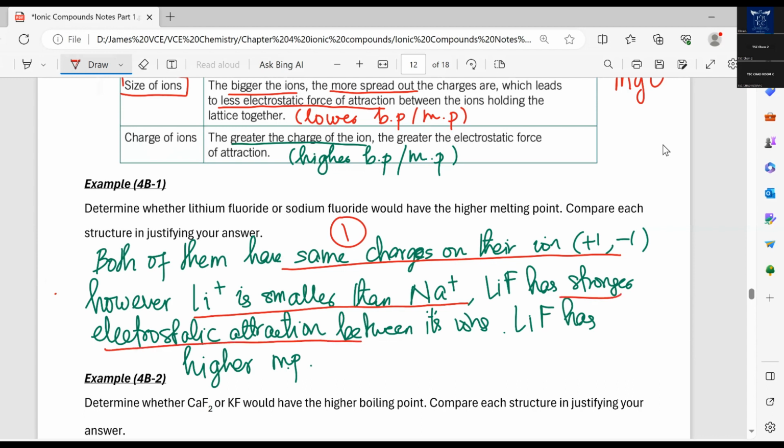So these are the key points that we are looking for. Even if you do not make a conclusion that LiF has a higher melting point, in this case it's best to put it that way.